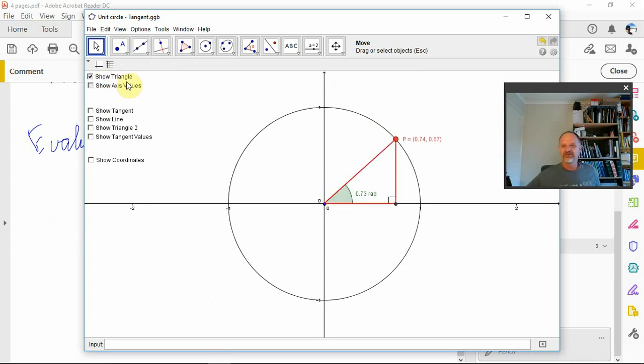So there's our triangle, and there's our angle in the middle. Radians. Remember, it's a unit circle. So that's the distance around the outside. It's just easy to mark it in here. So the radian is that length around to there.